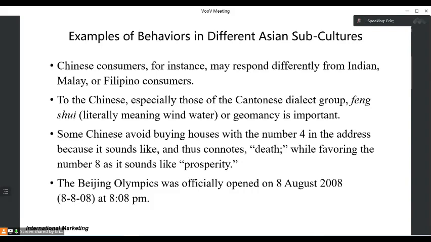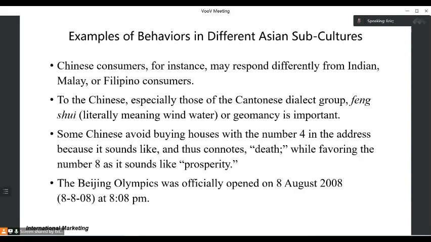In South China, people want to use the number 8, which means good, rich, prosperity. And in North China, some people from some provinces prefer the number 9. Ten is not good. It's 9 that is good.